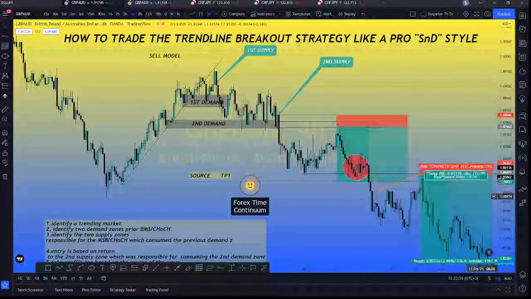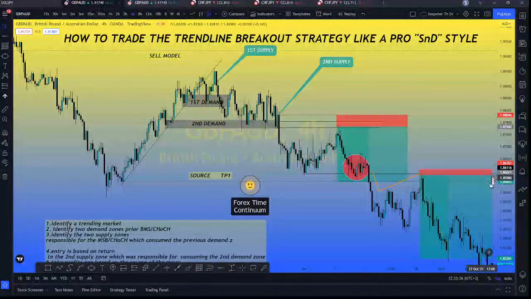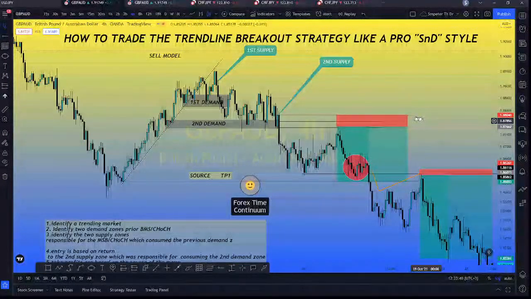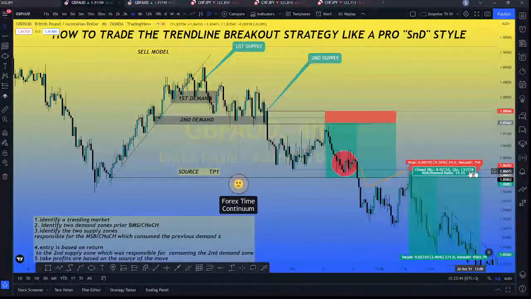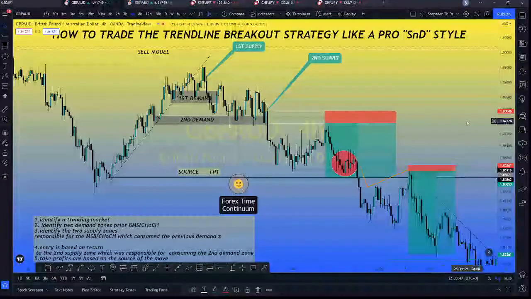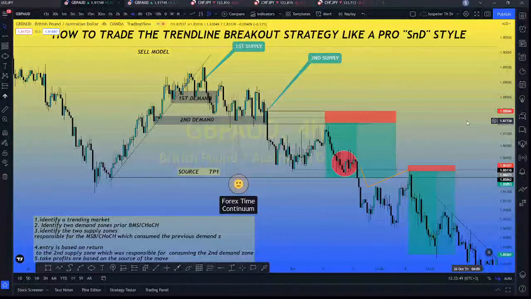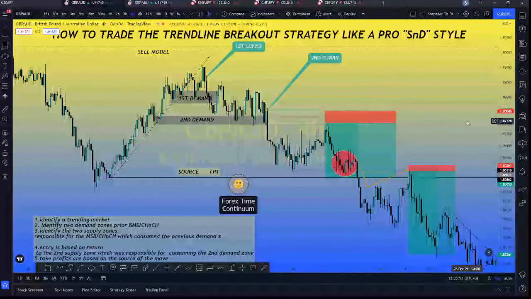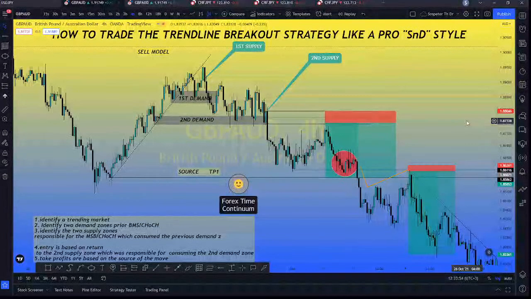Even without adding the supply and demand, that's a thing you don't want to miss. If they break the source of the move, you wait for the retest. Now you add the supply and demand, because they're going to do the stop hunt. They know people are waiting for the retest. Remember, our strategies are not always wrong, it's just that we lack a lot of patience.